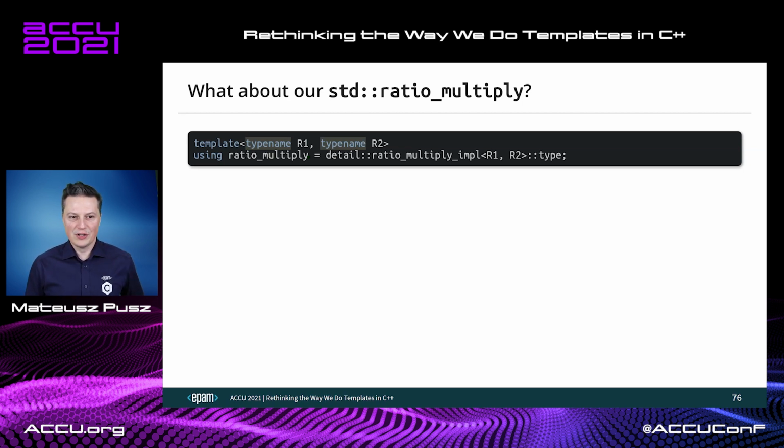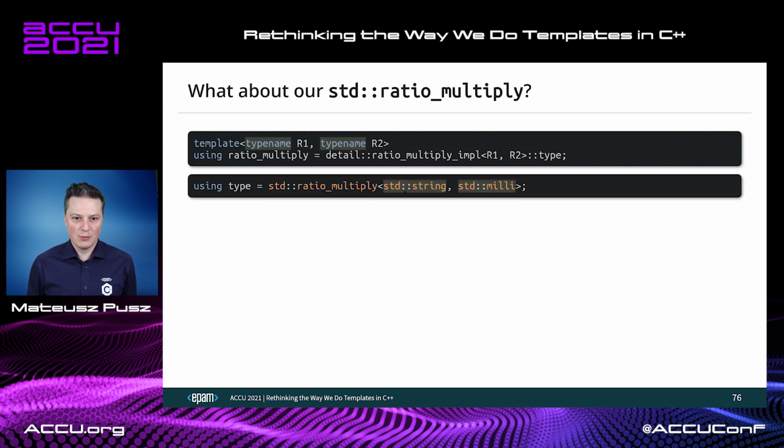Let's come back to our ratio multiply class template that we have right now in the standard. It just takes two different types. If the name was not expressive enough, I would have a hard time finding out what I can put into this ratio multiply, right? I could try to put string and std::milli into this ratio multiply, because it says it takes everything, right? Typename means this is void star, I take everything.